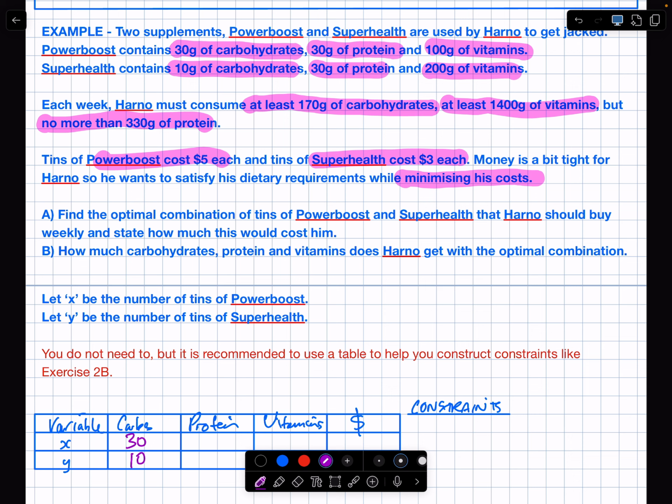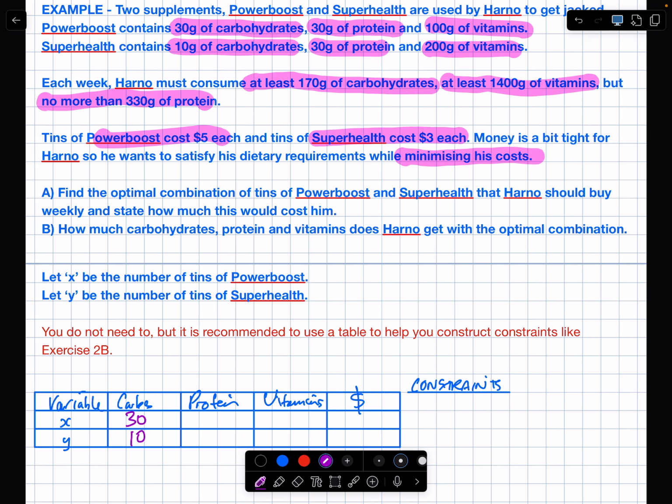He needs to have at least what? 170. Good. So what inequality is at least? Is it greater than or equal to, or is it less than or equal to? Greater. Good. I want at the minimum this. I can do more. So greater than or equal to 170.